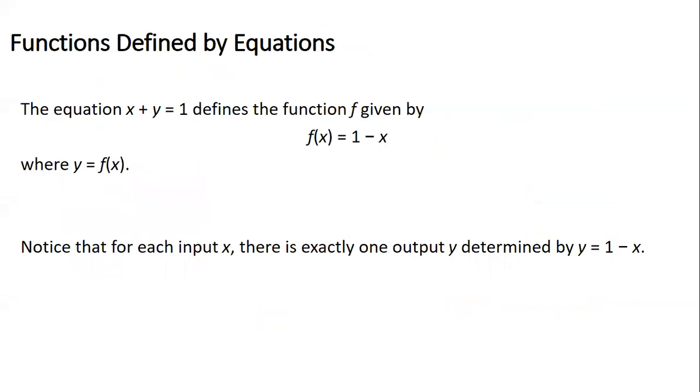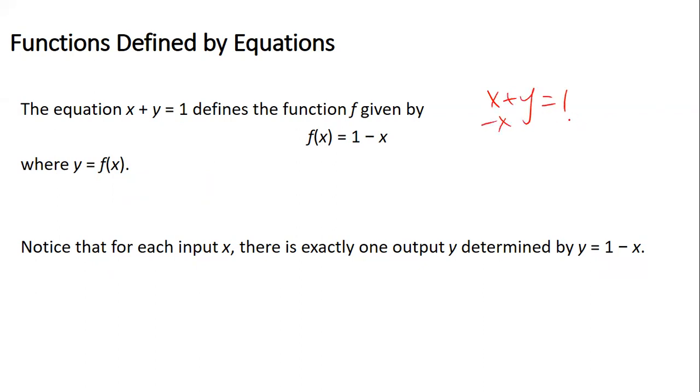Okay, now equations. When you're looking at an equation, the question is, can it be defined as y equals? So if I have the equation x plus y equals 1, I can rewrite it in terms of y, right? How can I rewrite it in terms of y? By isolating the y. So when I isolate the y, I had x plus y equals 1.